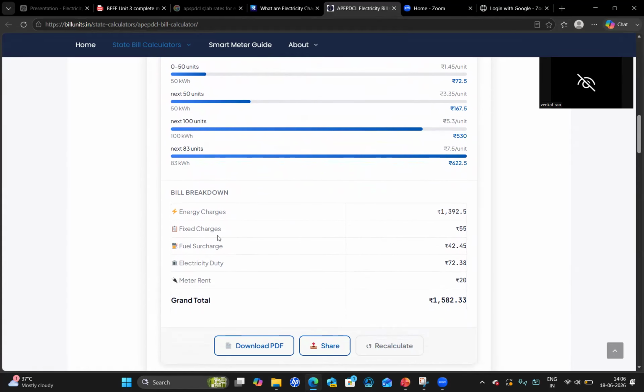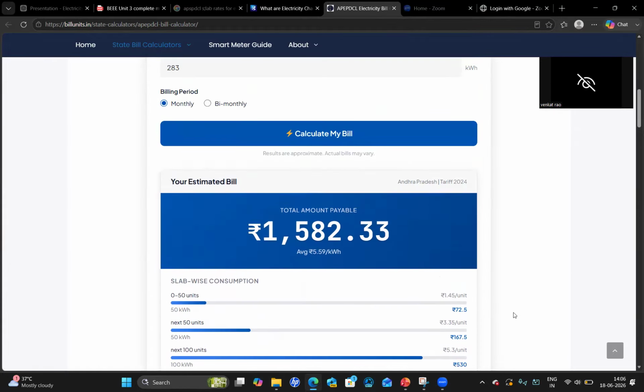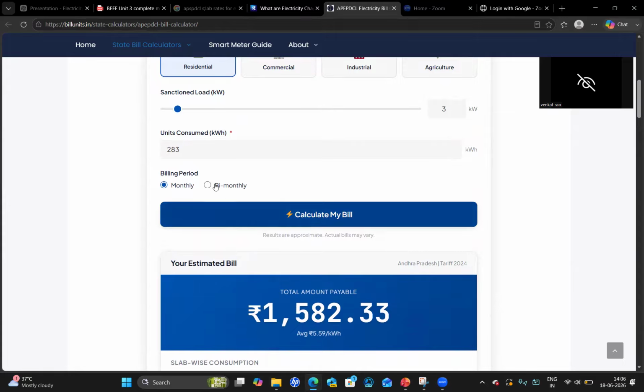As I know, there is a fixed charge along with the variable charge. Let us say the fixed charge is 55 rupees according to the government rule, and also some rental charges, taxes. There are some minor additions. So finally, this is your electricity bill for 283 units of energy consumption.